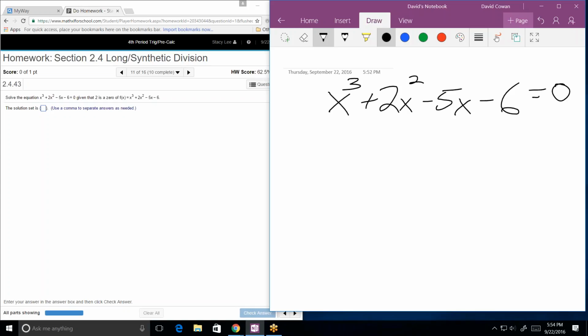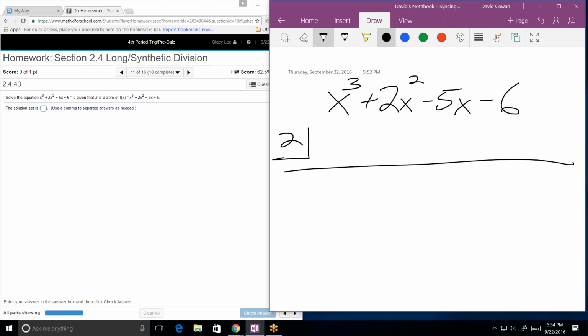Synthetic? Yeah. In other words, we're going to just merely use synthetic division, divide this polynomial by 2. What was the polynomial? X cubed plus 2x squared minus 5x minus 6. Okay, and then divide by 2.